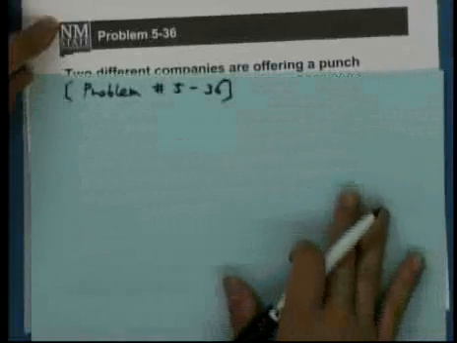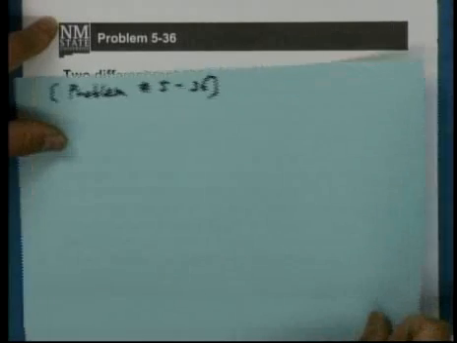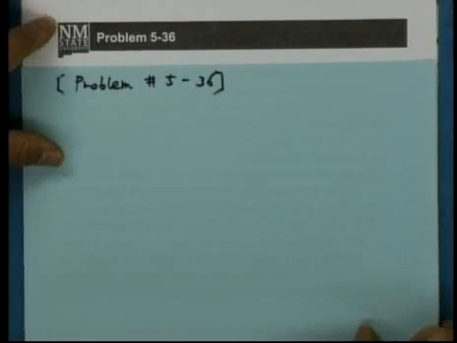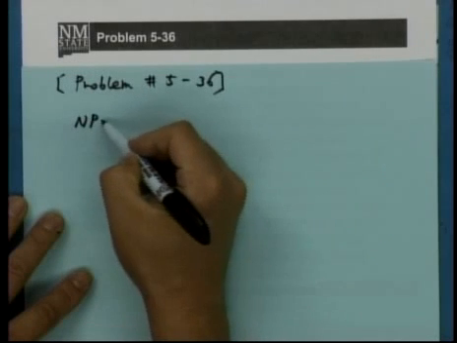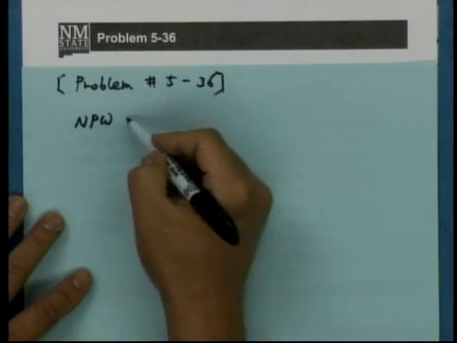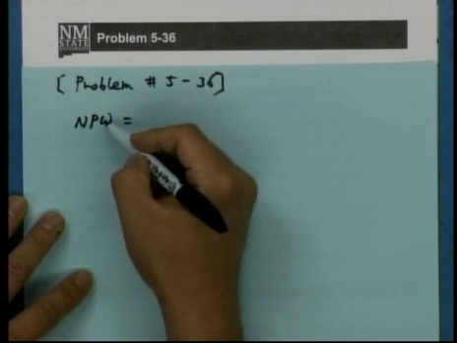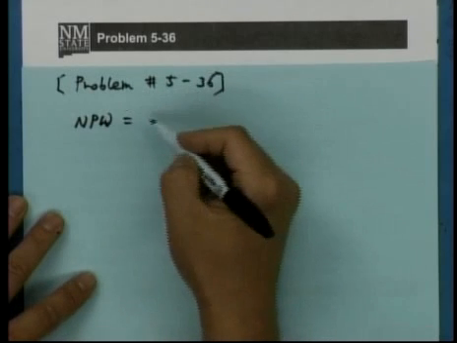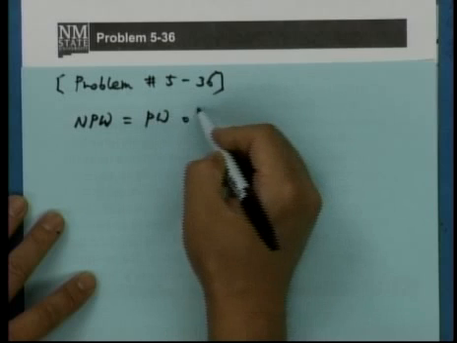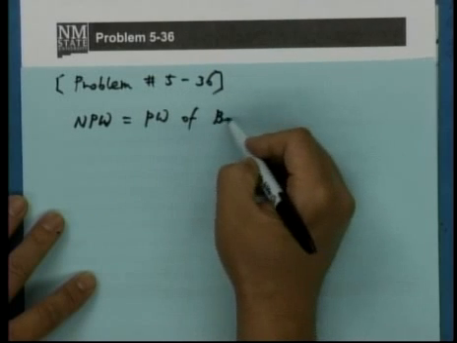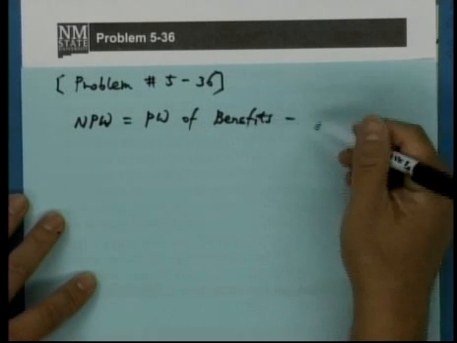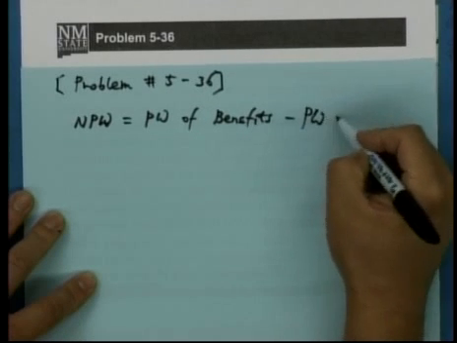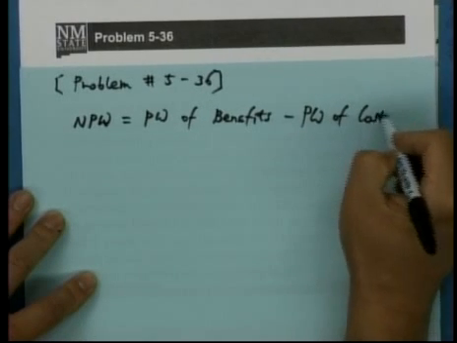So again, we are going to use the present worth analysis technique. So net present worth can be obtained by present worth of benefits minus present worth of costs. Okay?